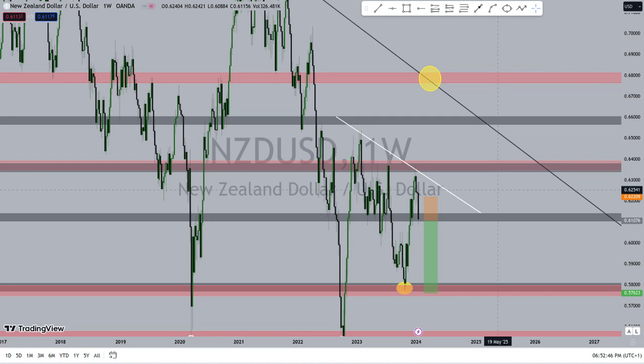You can watch my previous video, you can see how I drew the daily break and retest of the trend line, and I was expecting price to just respect the minor trend line. But you can see right here, price came to retest this major level on this weekly time frame.